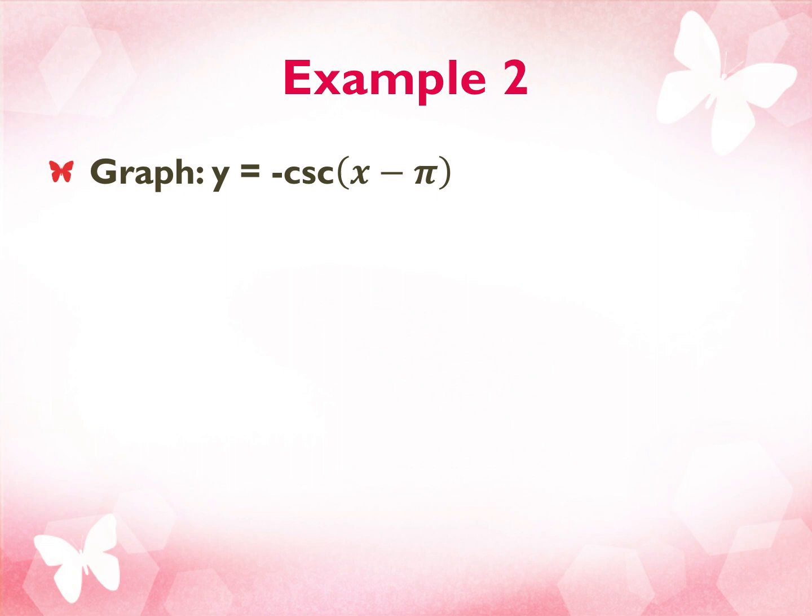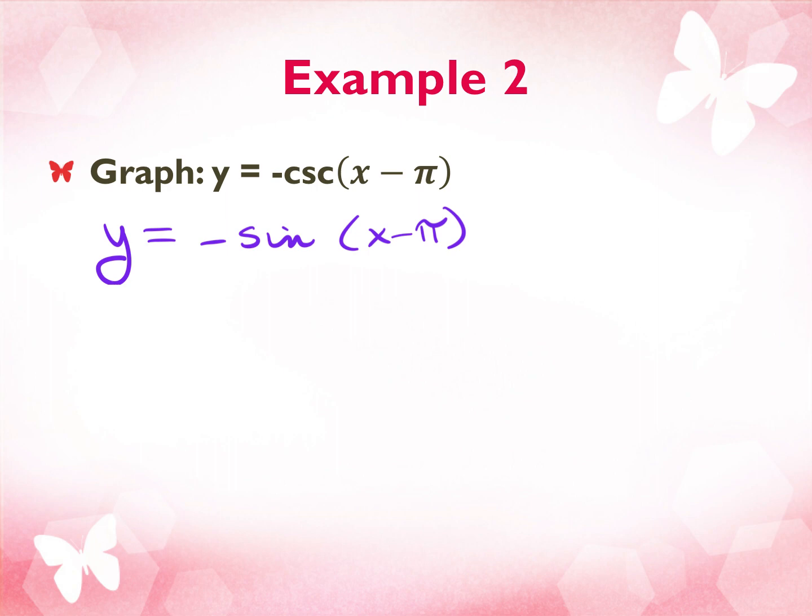So what we're going to do here is first graph y equals negative sine of x minus pi. Now, for the secant, the cosecant, and the sine, the x key points, the ones along the x-axis, are going to be the same.